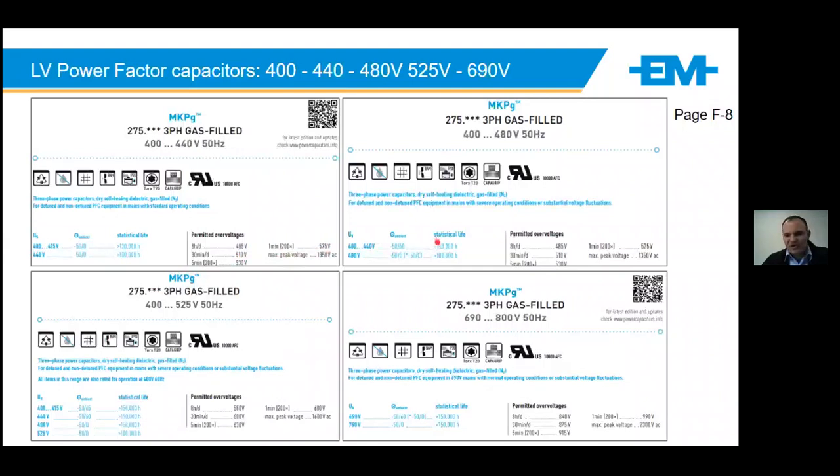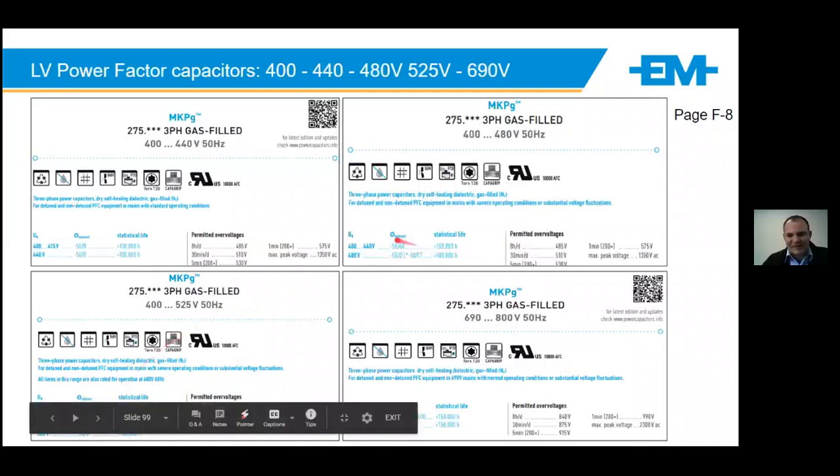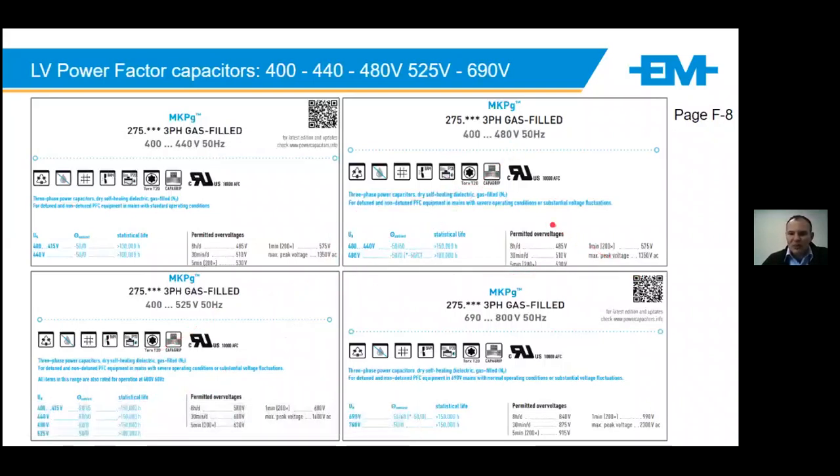I think the big question here is, depending on the customer's network, which capacitor to use. And most importantly, these permitted over-voltages: your controller, your solution, your system shouldn't see them, or should prevent them and protect the capacitors before this happens. Using a DCRG8, we will set up these safety functions.